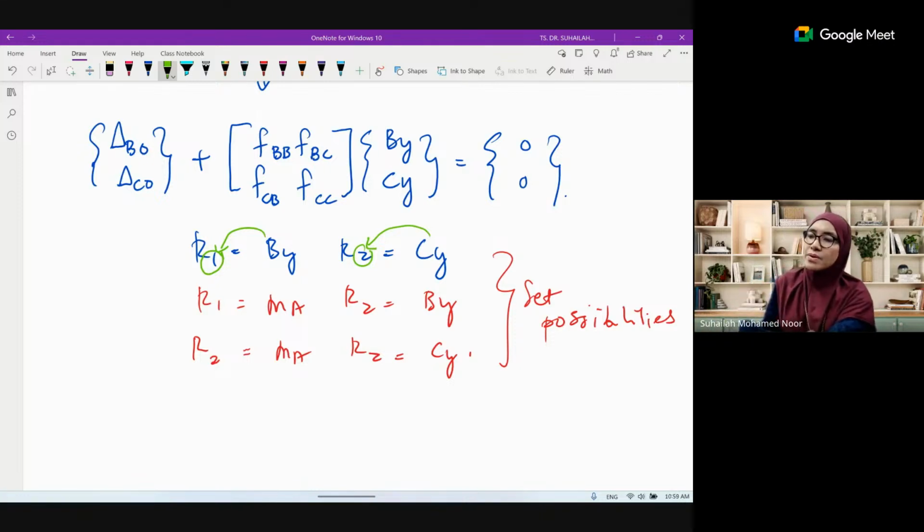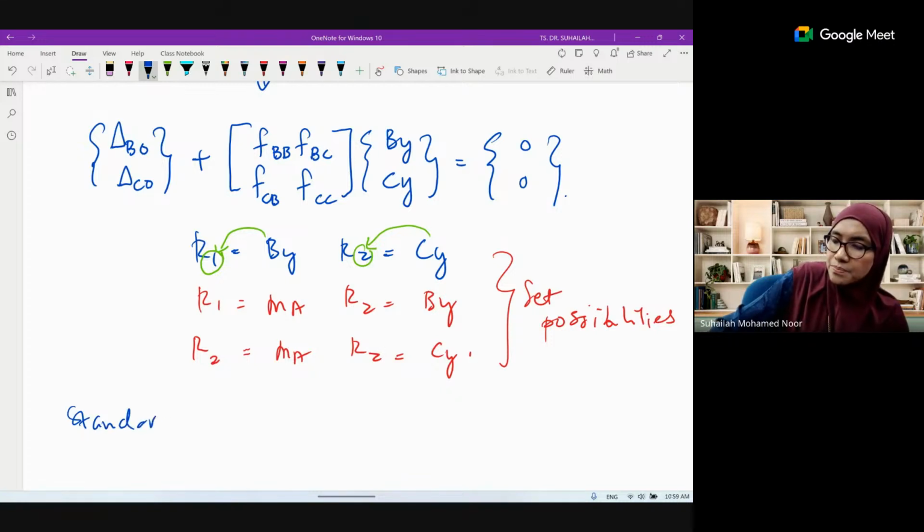Now we will rewrite again, by changing symbol B to 1 and symbol C to 2. So we rewrite the compatibility equation as the standard form.